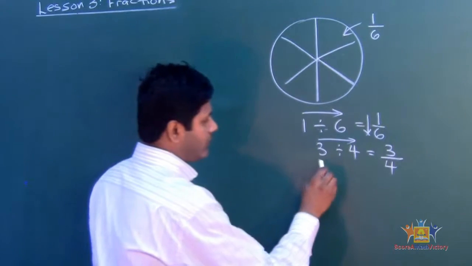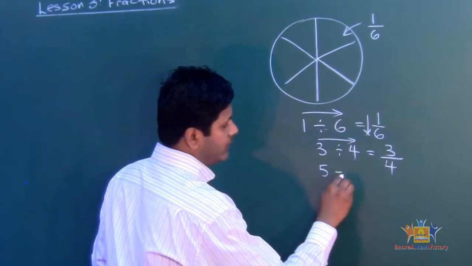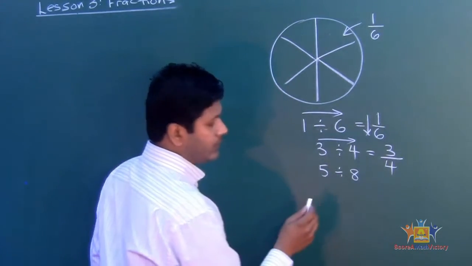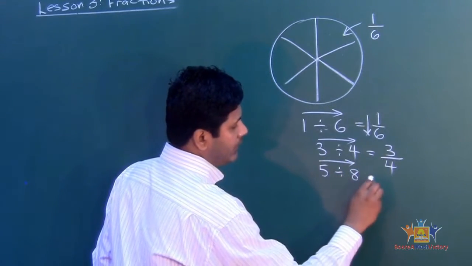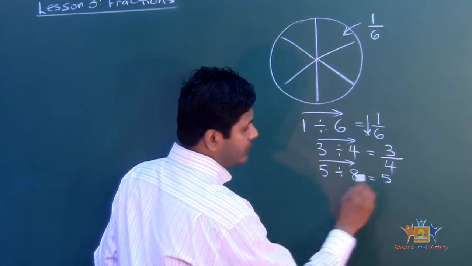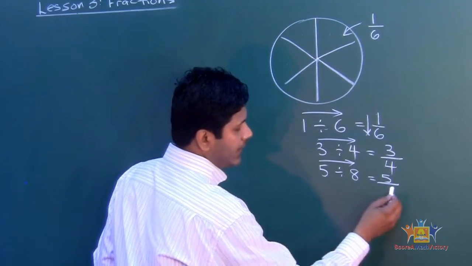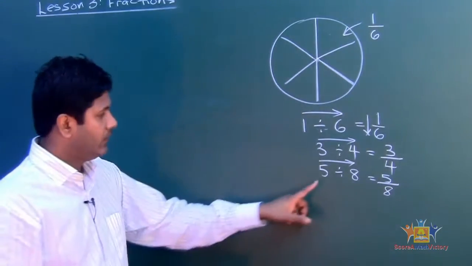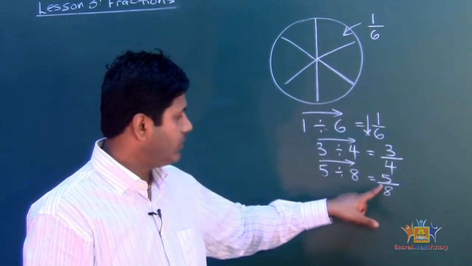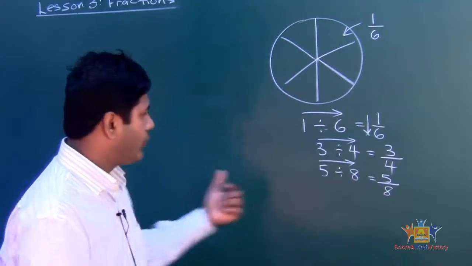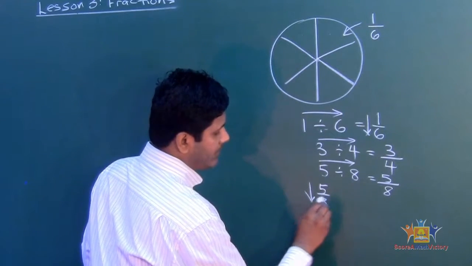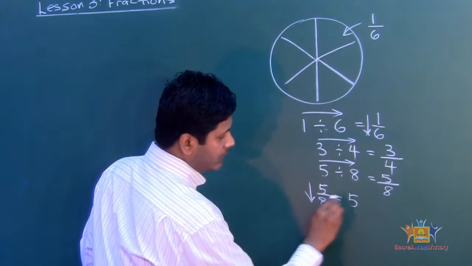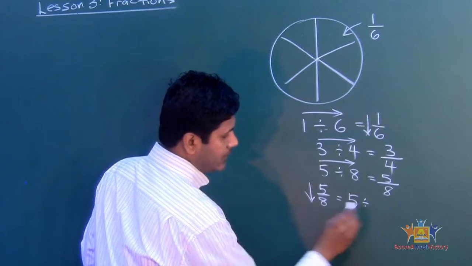Okay, so let's do another one. If I have 5 divided by 8, what method am I going to use? Exactly, the right arrow method. Read exactly. It says 5, the division is going to be over 8. See that? If I had to go reverse, let's say I got 5/8, I use the arrow down method. 5, this is going to be a division 8.